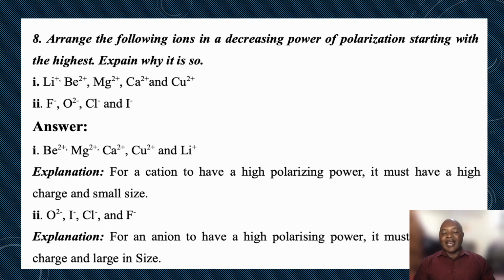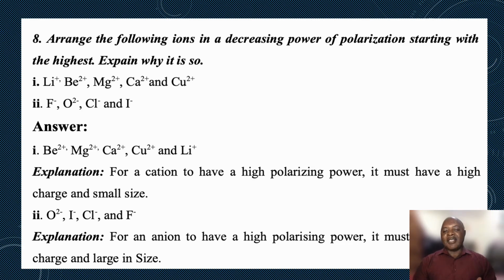Why do we start like that? We said for a cation to have a high polarizing power, it must have a high charge and a small size. Beryllium, magnesium, calcium, and copper all have the same charge.